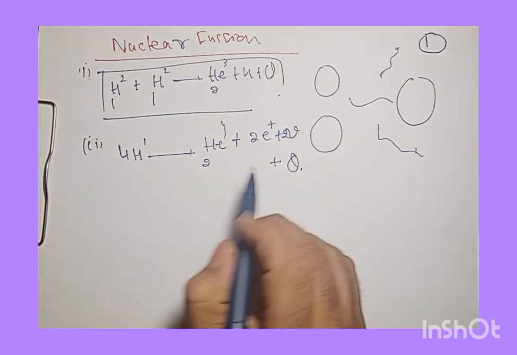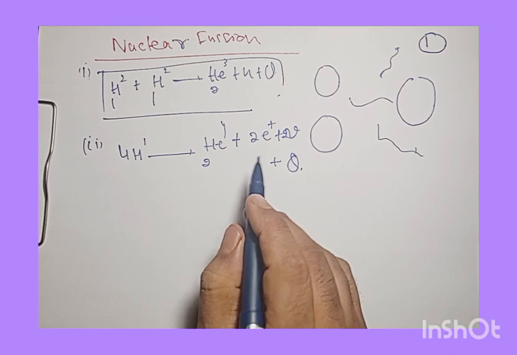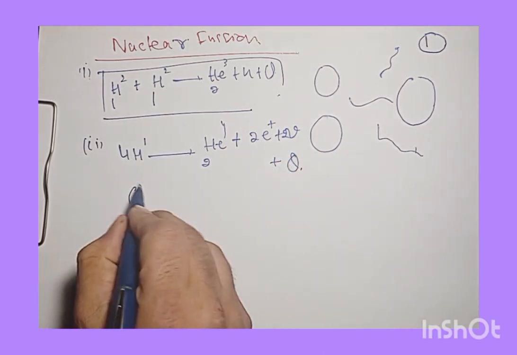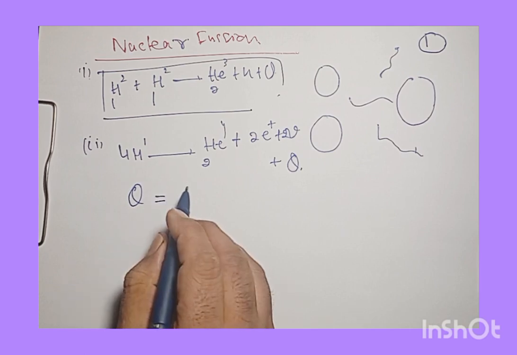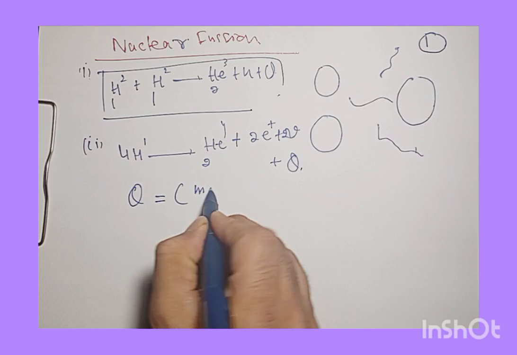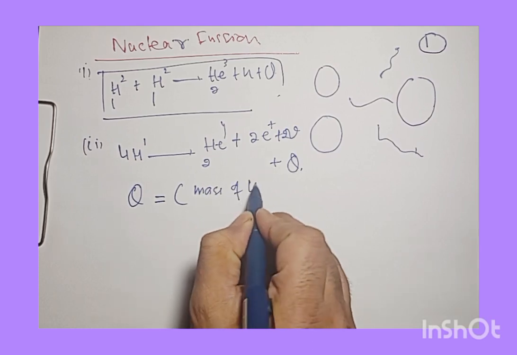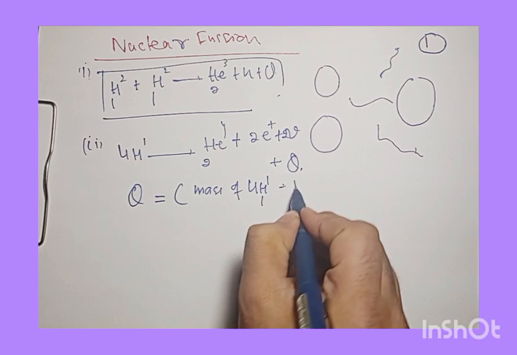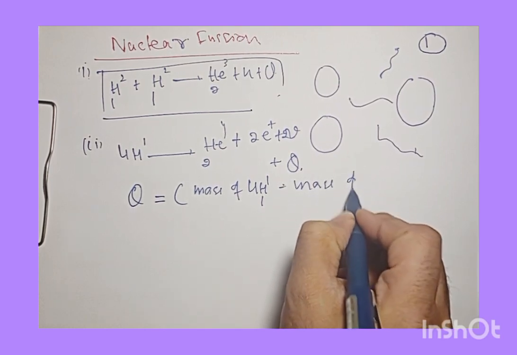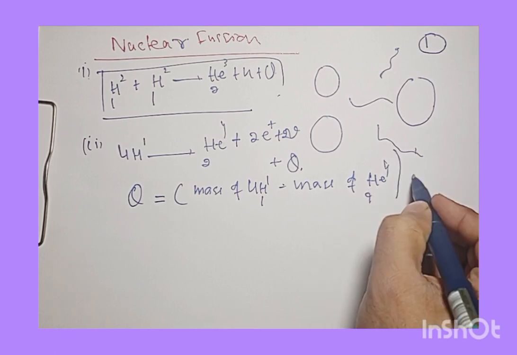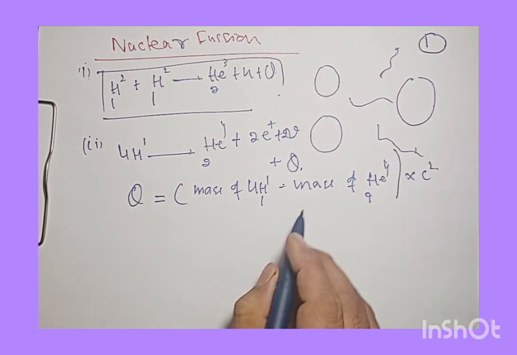The energy released due to the fusion of four hydrogen nuclei we can calculate using Einstein's mass-energy relationship. So what will that be? That will be the mass of four hydrogen nuclei minus the mass of helium, multiplied by c squared.